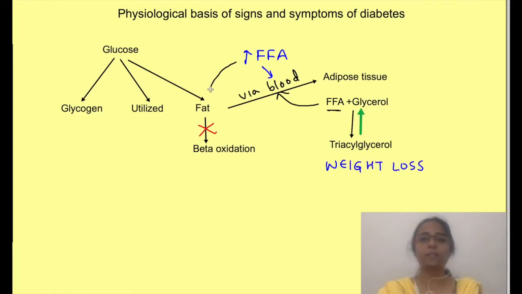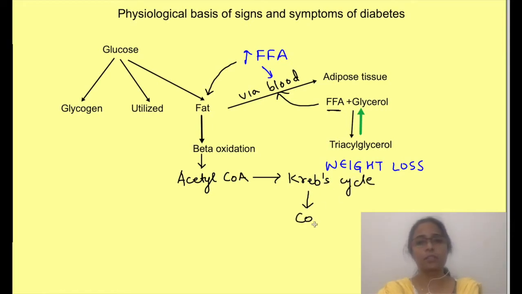The free fatty acids enter liver and undergo beta oxidation, leading ultimately to formation of acetyl coenzyme A. This formed acetyl coenzyme A has two fates. One, either it enters into Krebs cycle and is oxidized to carbon dioxide, or second, it enters a ketogenesis pathway leading to formation of ketone bodies.